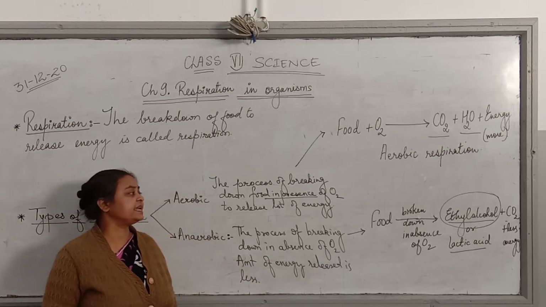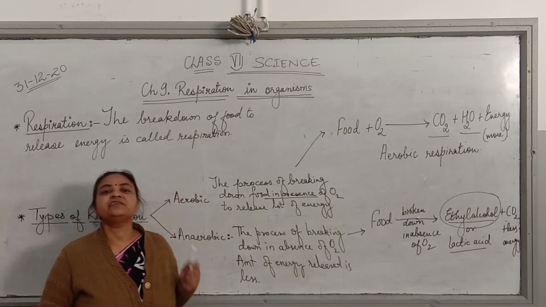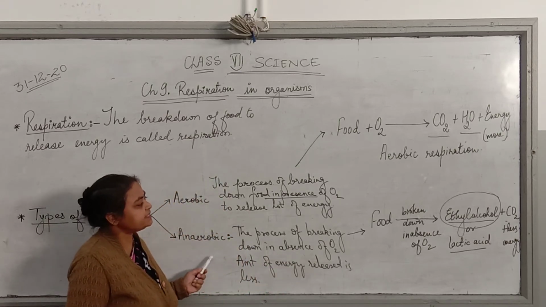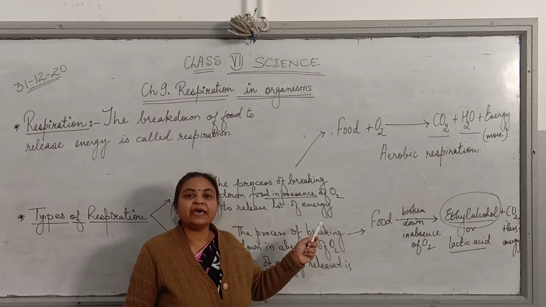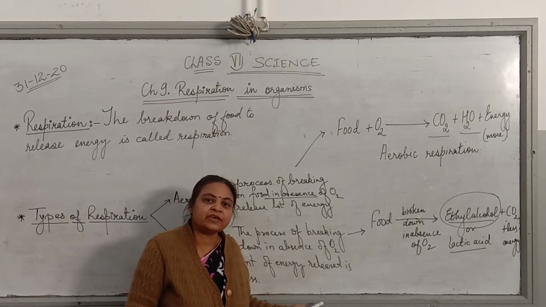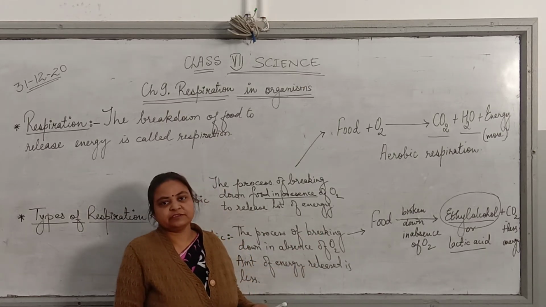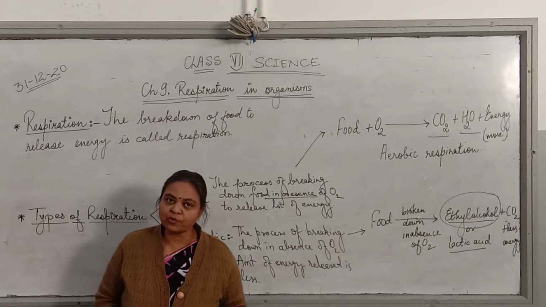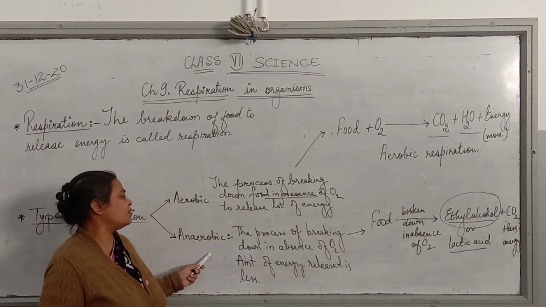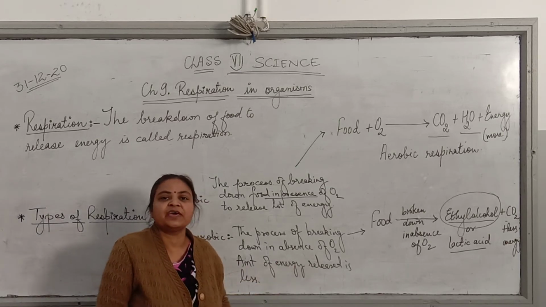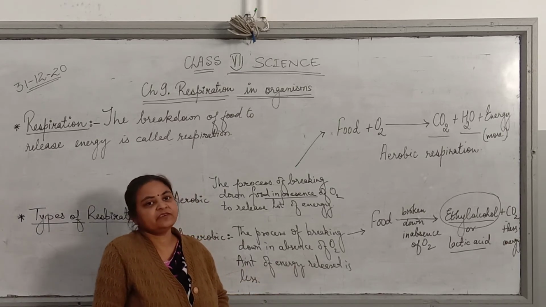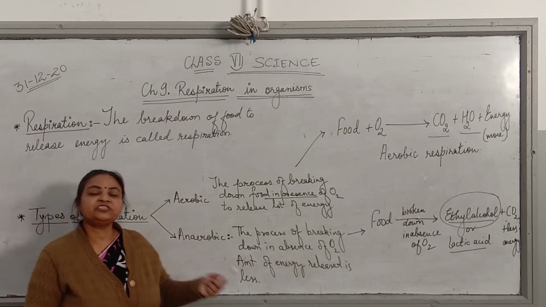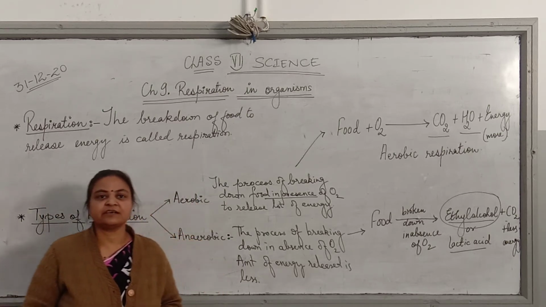Second point, as I said, amount of energy released in case of aerobic respiration is much more than that in case of anaerobic respiration, where the amount of energy released is very less. Then, in which organisms does aerobic respiration occur?